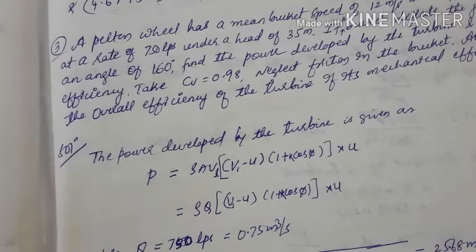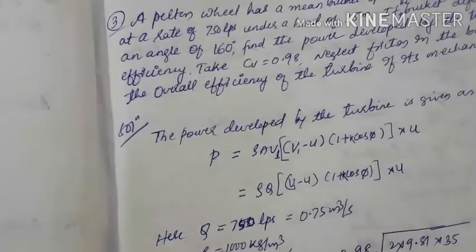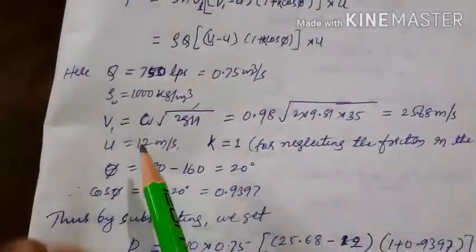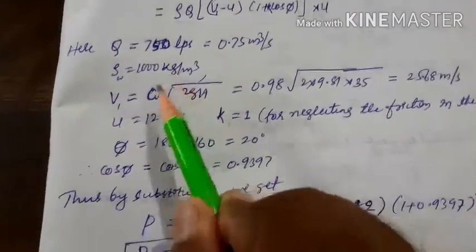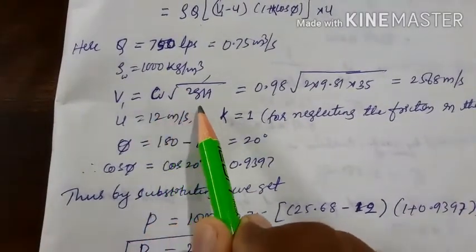So q is given here as 750 lps, that is 0.75 meter cube per second, and the density of water is 1000 kg per meter cube. Then the velocity of the jet can be calculated as Cv into root of 2gh.